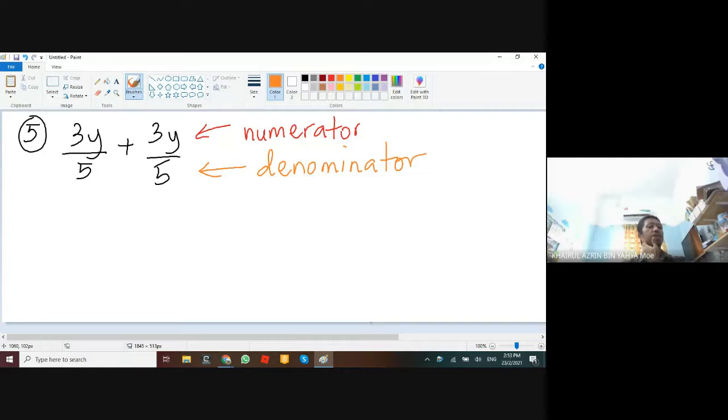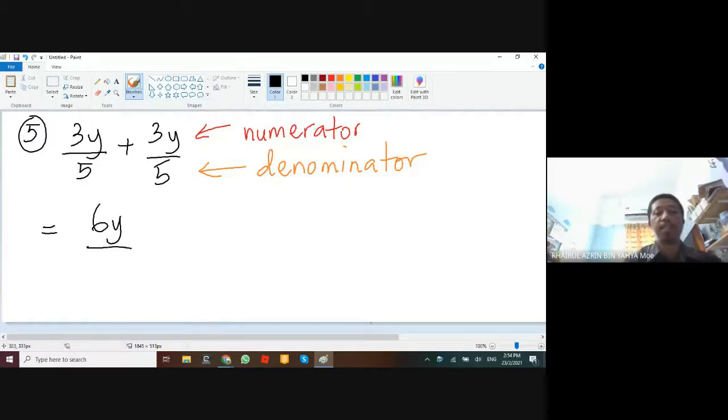Question number 5 is very easy, because the denominators are the same, 5 and 5. Same denominator, easy for us to solve. We just add the numerators, meaning 3y plus 3y equal to 6y.